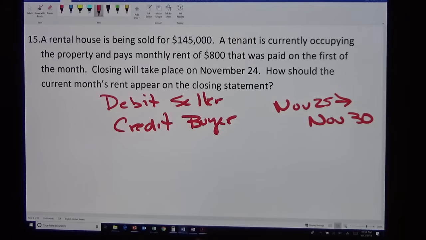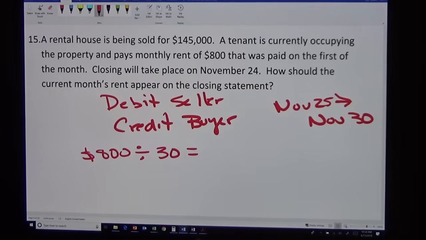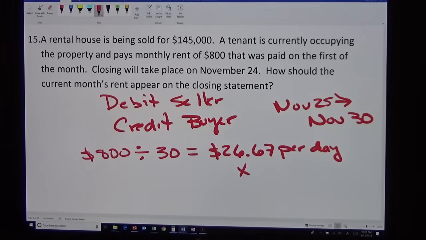How should the current month's rent appear on the closing statement? Well, we know that's debit, seller, credit, buyer. Now we just need to know a daily amount. So we've got monthly rent of $800 divided by 30 days in a month. 800 divided by 30 equals $26.67 per day, times, from November 25th through November 30th, we have 25, 26, 27, 28, 29, 30.